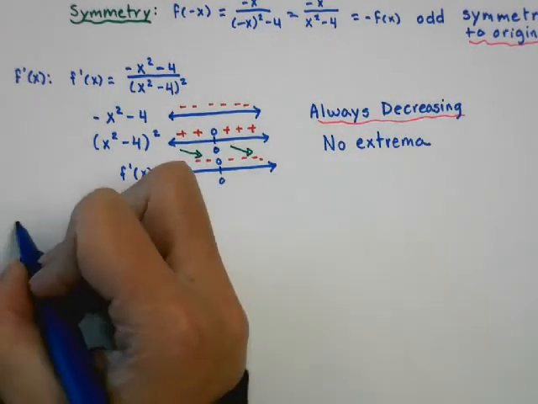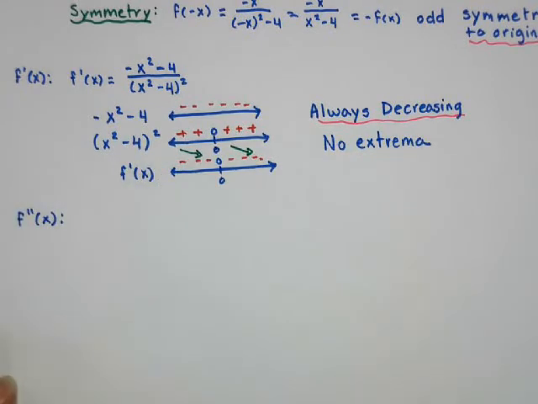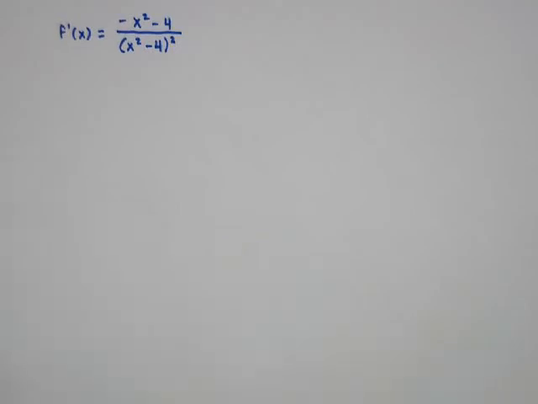Again, I'm going to do that work on a separate sheet. You don't need to. You should do it here, but I'm going to do my work on a separate sheet. So our first derivative is here. Our second derivative, again, we're going to need to do the quotient rule.